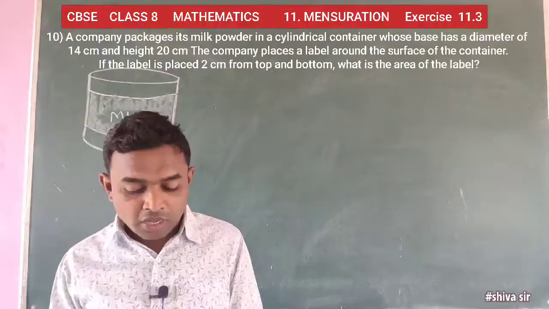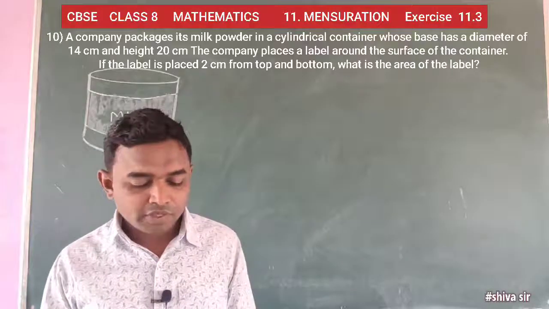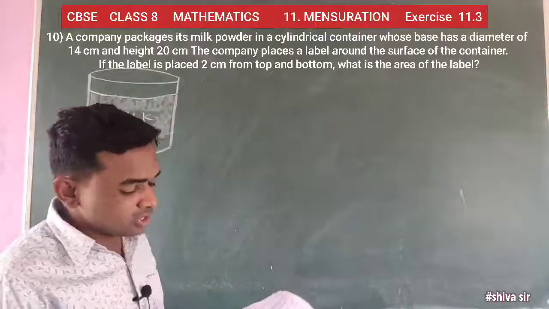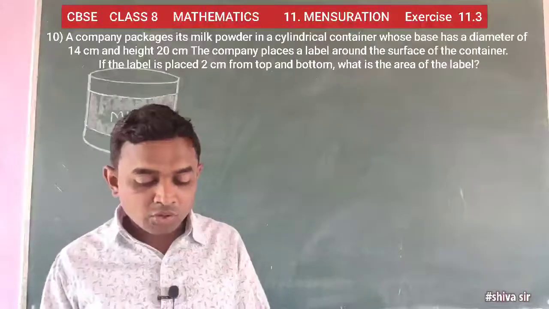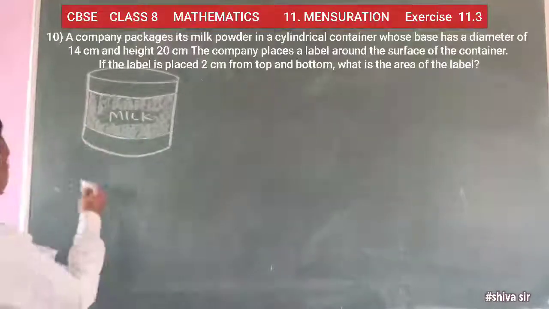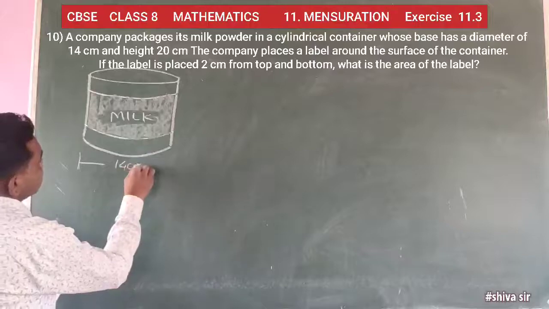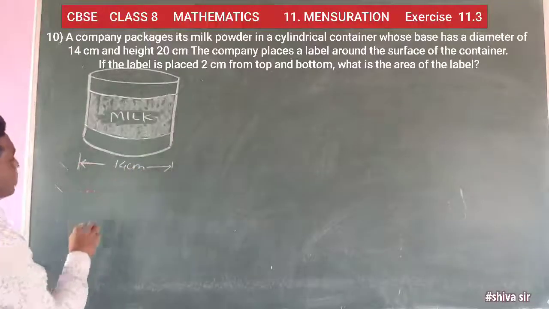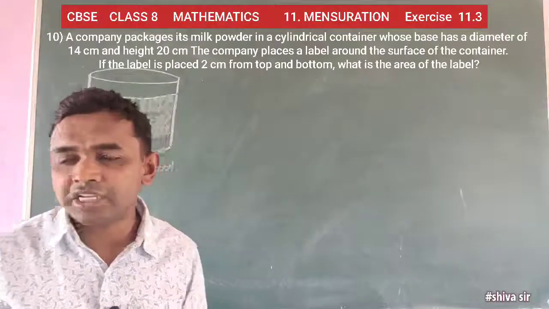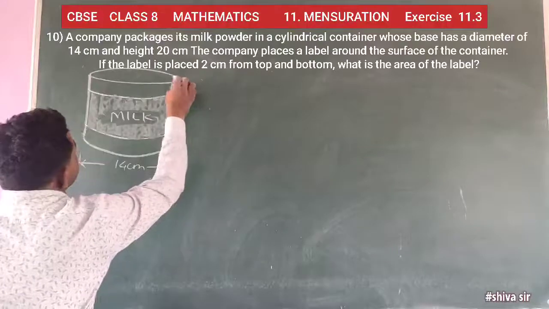Example number 10. A company packages its milk powder in a cylindrical container whose base has a diameter of 14 centimeter, and its height is 20 centimeter.